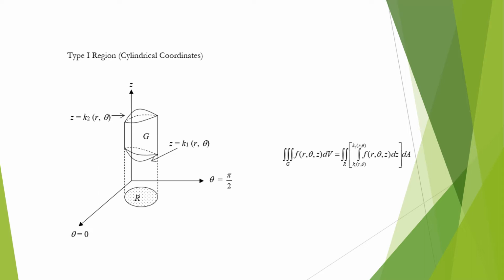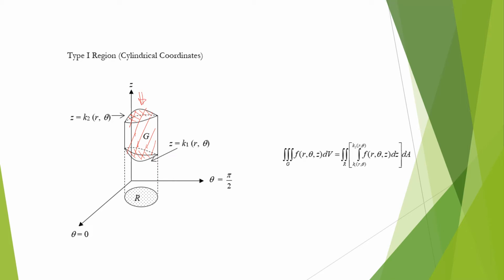Look at our graph here. We have the solid G. So this is our solid. The top here is z equals k2, the bottom here is z equals k1.